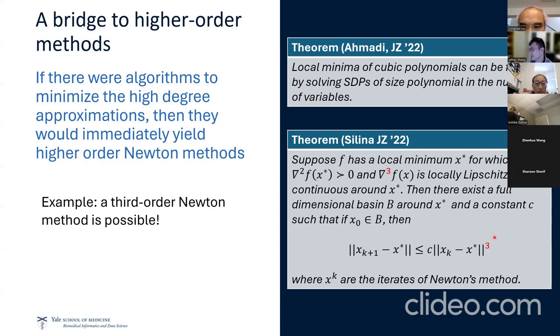As you can see, I've basically replaced all the 2's by 3's, and that's the idea that you can do better with more information.